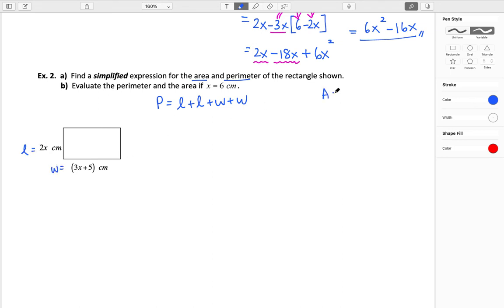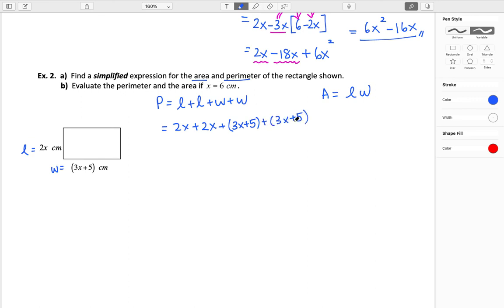On the other hand, area is length times width. So what we can do is write down the length as 2x plus 2x, and the width as 3x plus 5 plus 3x plus 5.